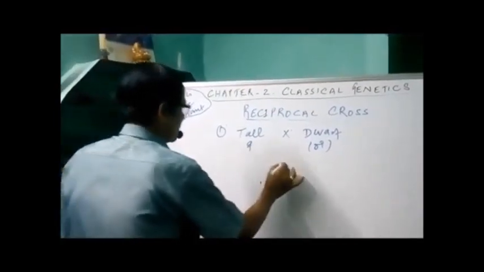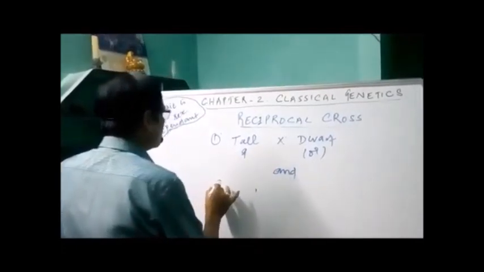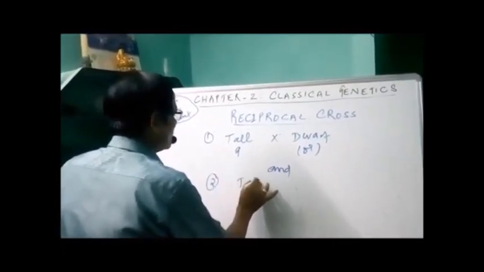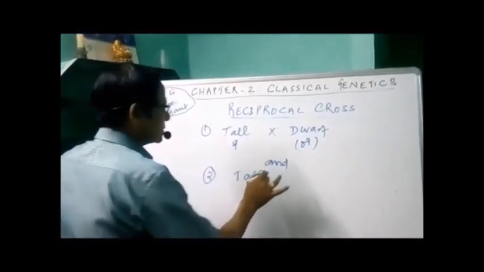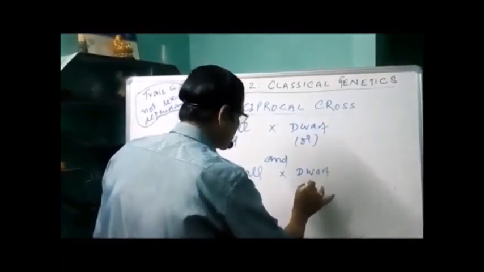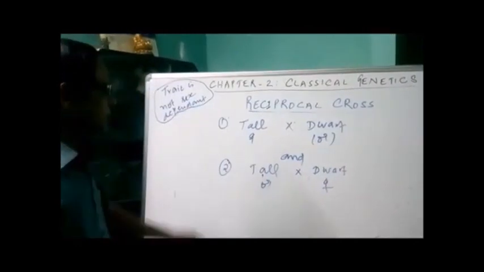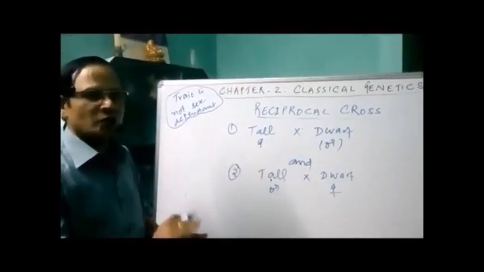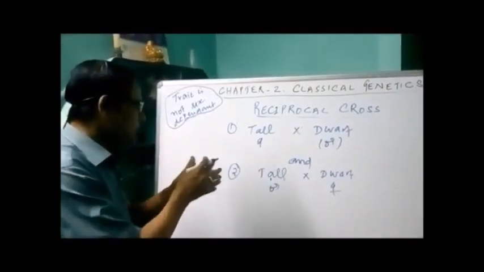In another cross, this is another cross, tall: from the tall plants, the pollen grains are transferred to the stigma of the dwarf. Hence the dwarf is considered a female plant. This is called sex reversal, changing the sex. So here the sex is reversed.